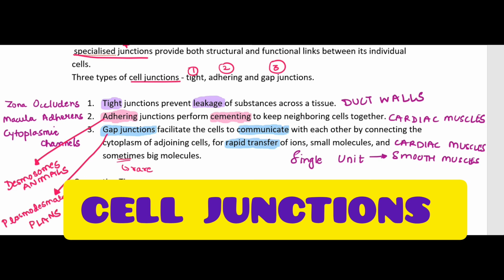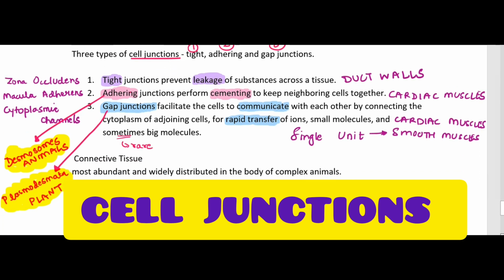So what is the role of middle lamella? It helps in connecting the cell wall of adjacent cells. So remember, know the clear differentiation of plasmodesmata and middle lamella. Plasmodesmata is an example of gap junction and desmosomes is an example of adhering junction.